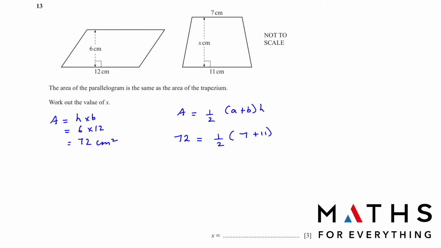Let's write x instead of h. Put this whole thing in the calculator. We will get 9. When we shift the 9 to the other side, as it is a multiply, it will turn into divide. So 72 divided by 9 is 8. So the value of x is 8.